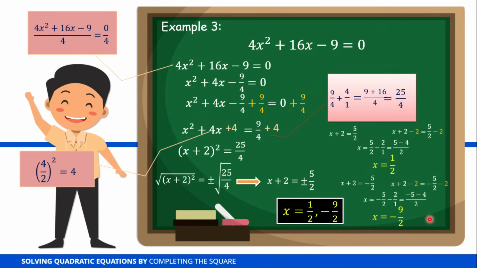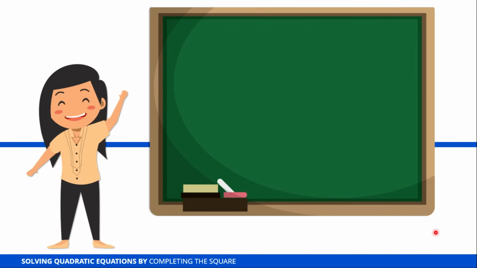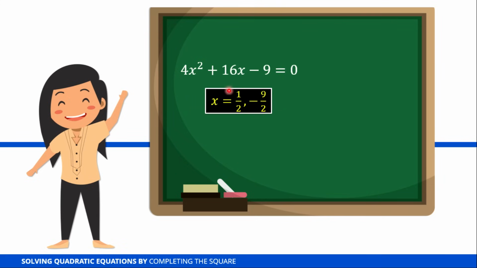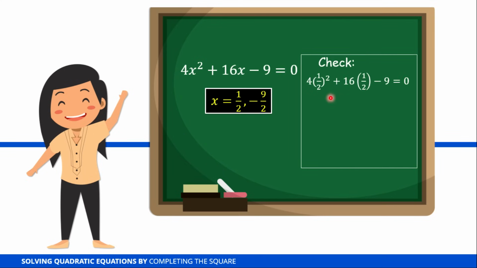Now, let's check. Using the original equation, let's substitute the roots or solutions we got for the variables. Let's start with 1/2. When we substitute, this is our resulting equation. Let's simplify that. We will have 4 times 1/4.